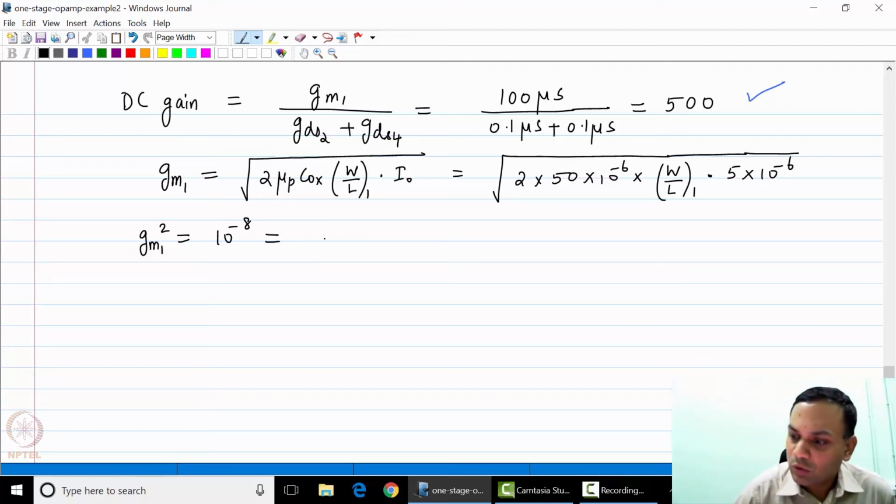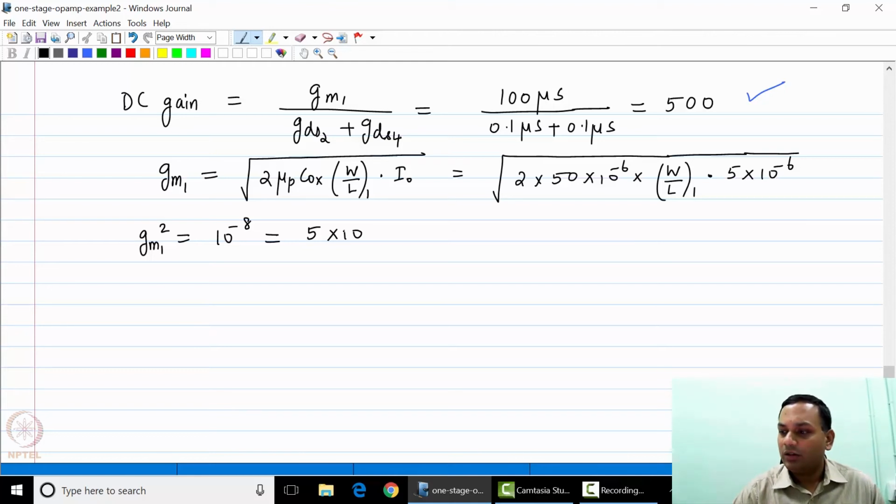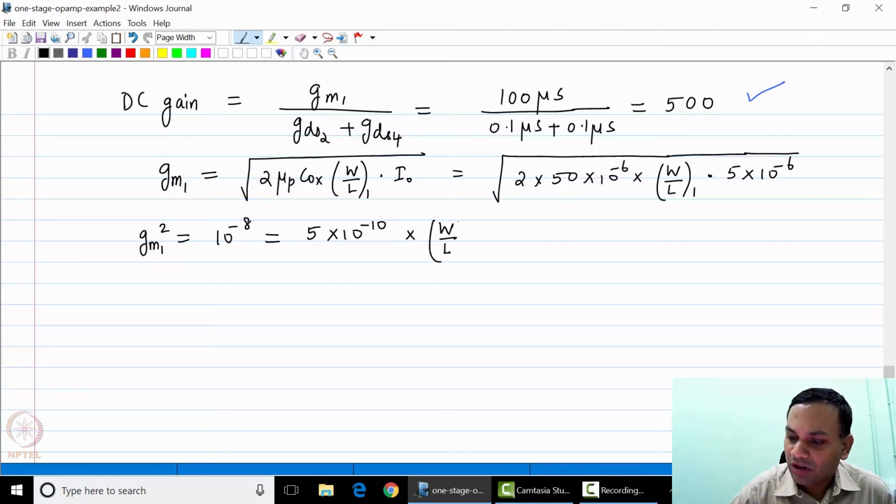This is equal to 5 into 10 power minus 10 into W over L of 1.